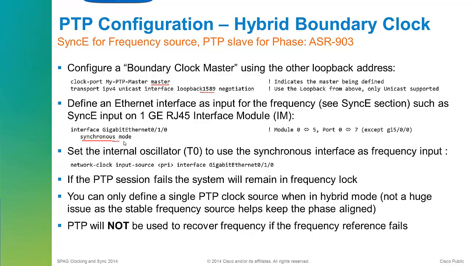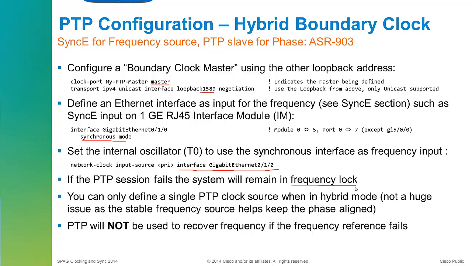You turn on synchronous mode, and then you define that synchronous mode to be an input source for your T0, for your internal oscillator, so that NetSync can use it to select as a physical source. Now, a couple of things to note about this too. If the PTP session fails, so if your PTP just stops sending packets, it will remain frequency locked. So you don't lose the sync.